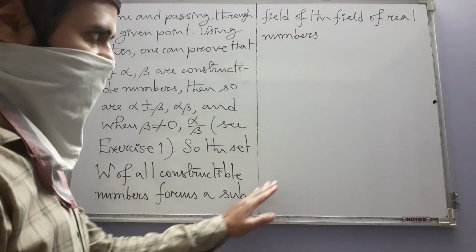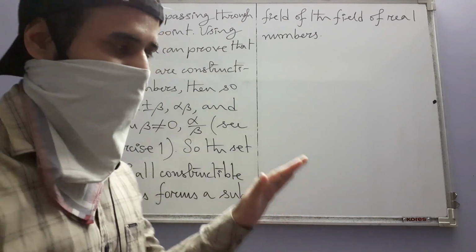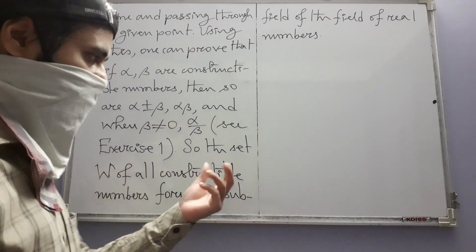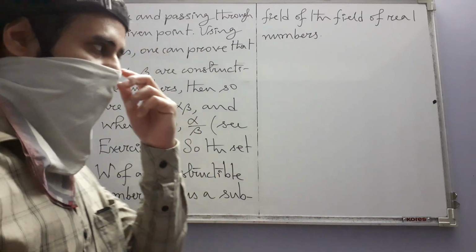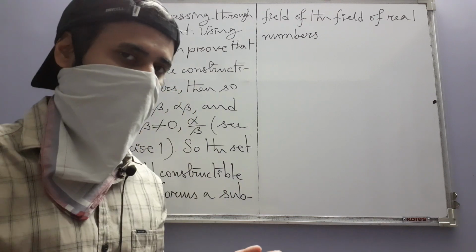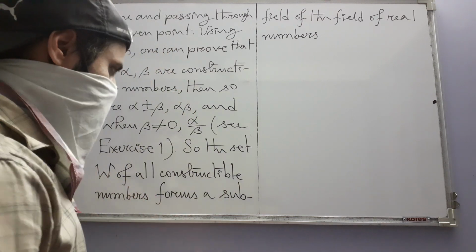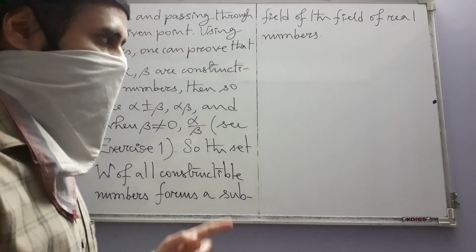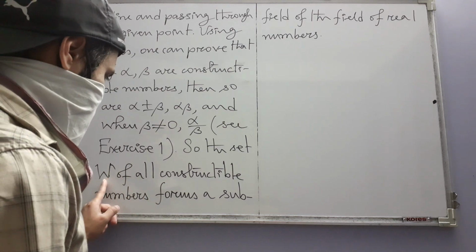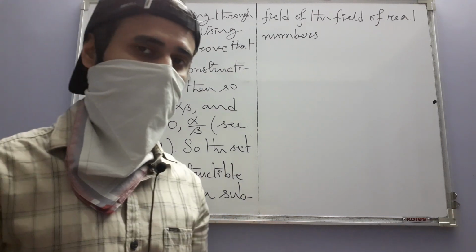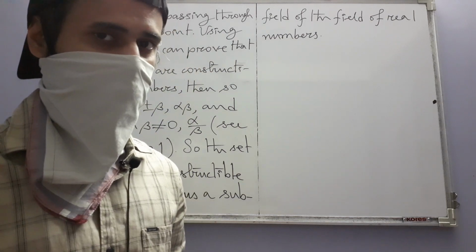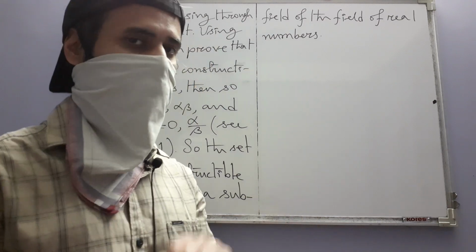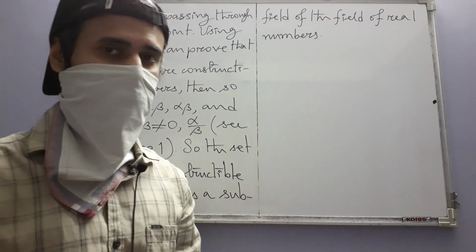So if we believe that this final statement here up to this point is true, then the W, the set of constructible numbers, is a subfield, and being a subfield of R, the field of real numbers, W includes all the rational numbers in it, and as such, automatically negative rational numbers also must be in W. That means at least the negative rational numbers should be constructible if we believe that this statement is true.